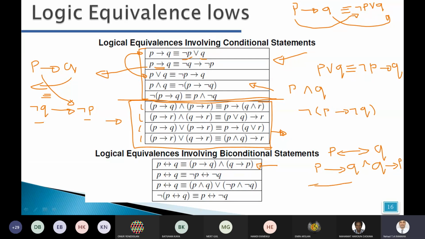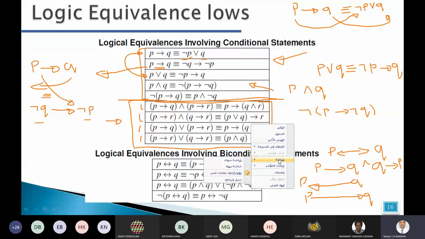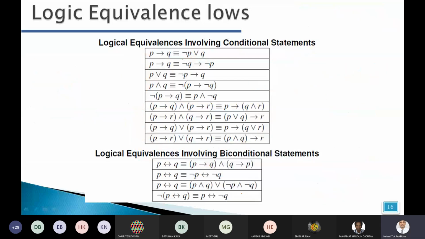The two sides, Q implies P and P implies Q. Okay, this is a clear one. We already mentioned it before.